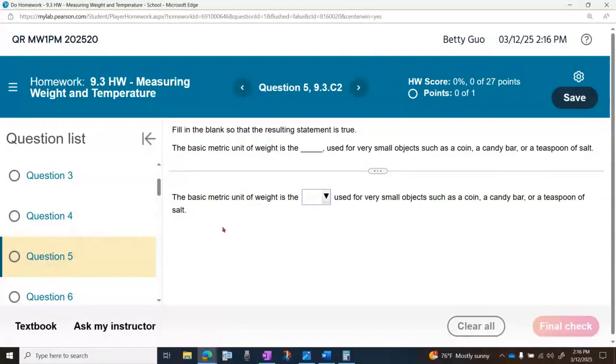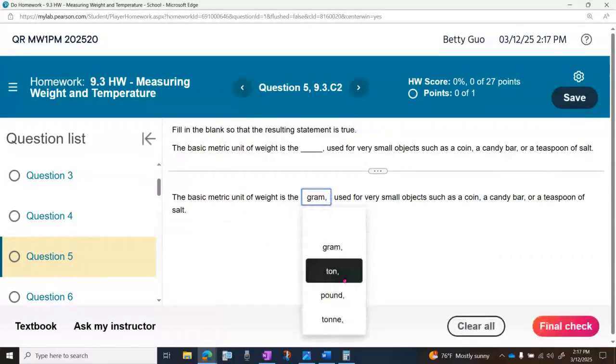The basic metric unit of weight used for very small objects such as a coin, a candy bar, or a teaspoon of salt. Gram is a good choice. Ton, we use when we talk about how much weight the elevator can carry, right?